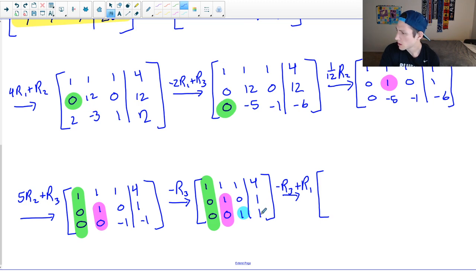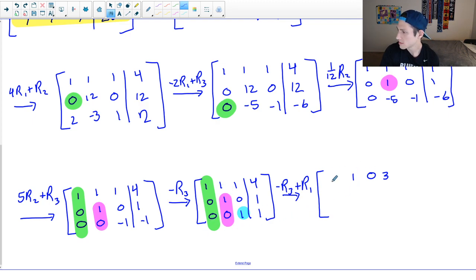Let's start on this far column. 1 times negative is negative 1. Negative 1 plus 4 is 3. 1 times negative 1 plus 1 is 0. Negative 0 plus 1 is 1.